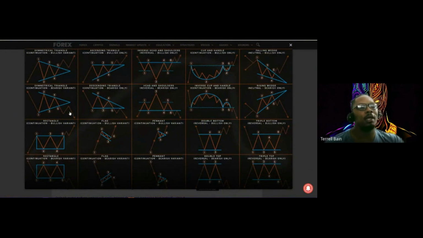Again, there's a whole lot of patterns, but to be honest with you guys, these patterns only develop from support and resistance and trend lines. All of these patterns come from support and resistance and trend lines. Look, this is nothing but a downtrend line and an uptrend line meeting between price, and they call it a symmetrical triangle, right?